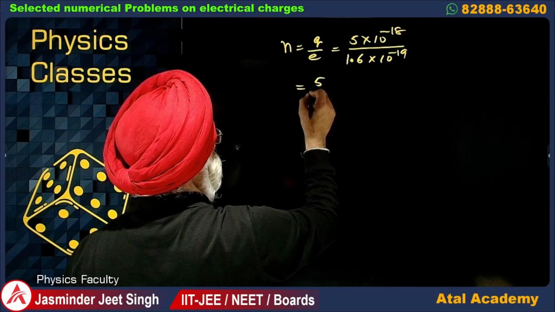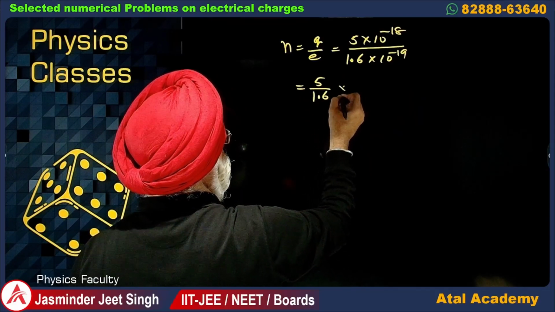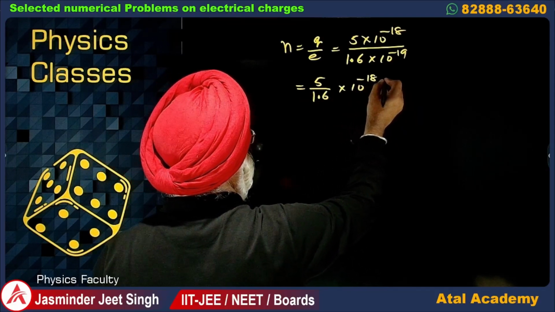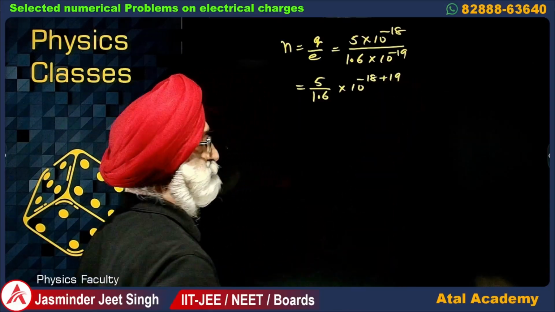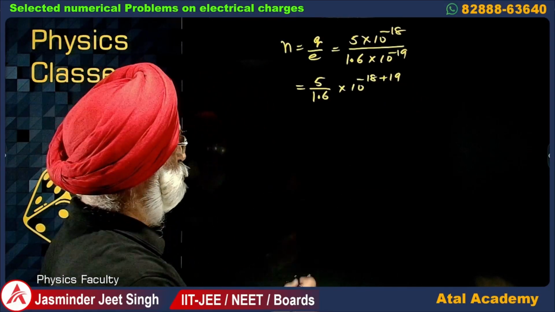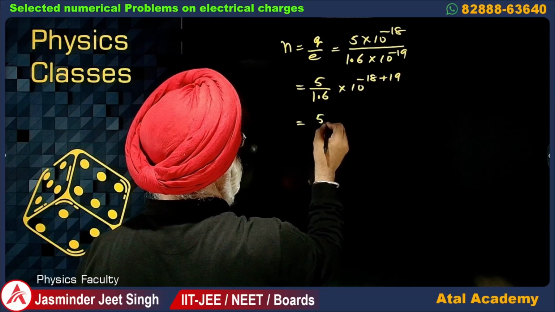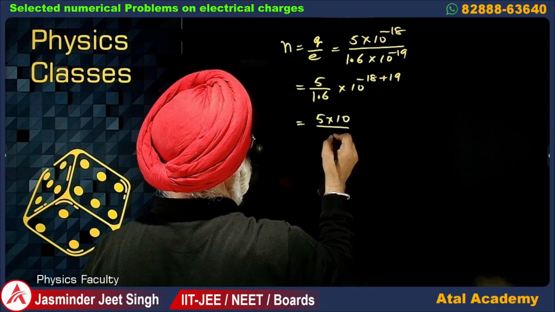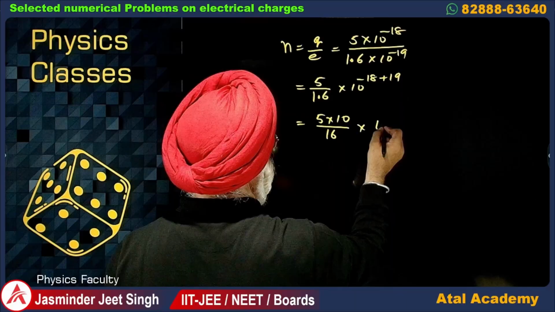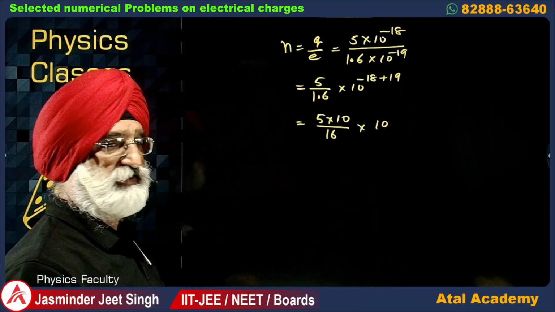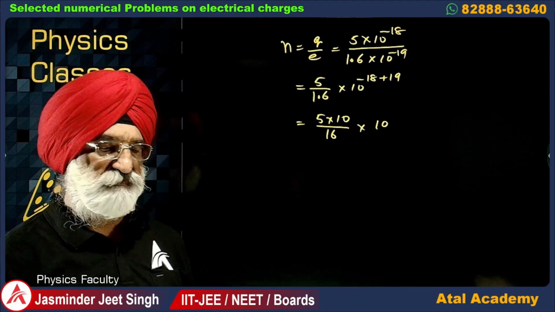It will be 5 upon 1.6 into 10 to the power of minus 18 plus 19. If you solve it, it will be 5 into 10 upon 16 into 10 to the power of 1, because minus 18 plus 19 is 1.